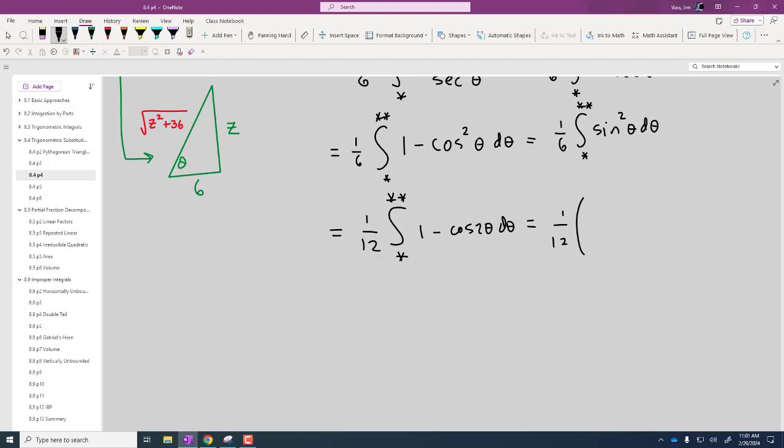And we integrate. The integral of 1 is theta. The integral of cosine is sine. We have to use reverse chain rule. Whoops, not a plus c. We have limits of integration. So we just have our placeholder limits still.